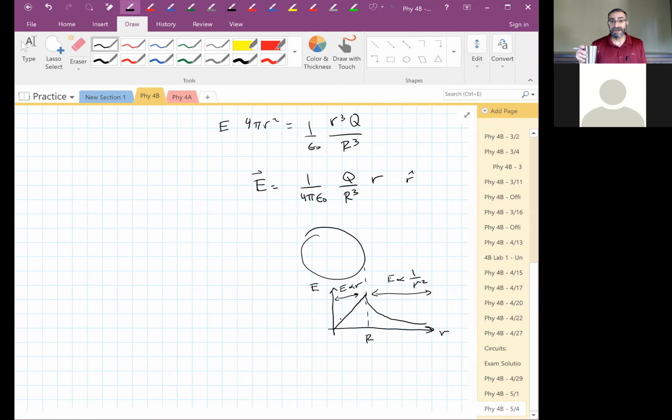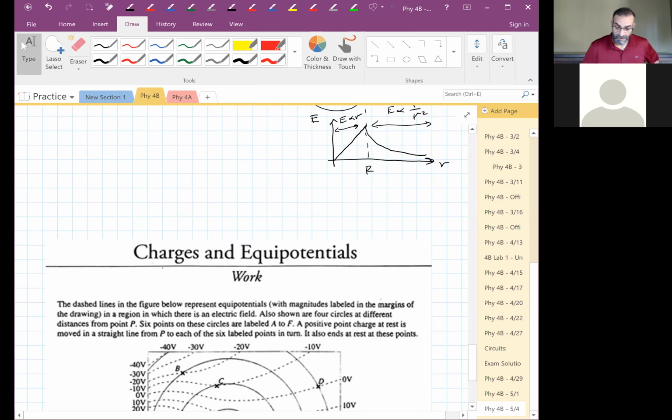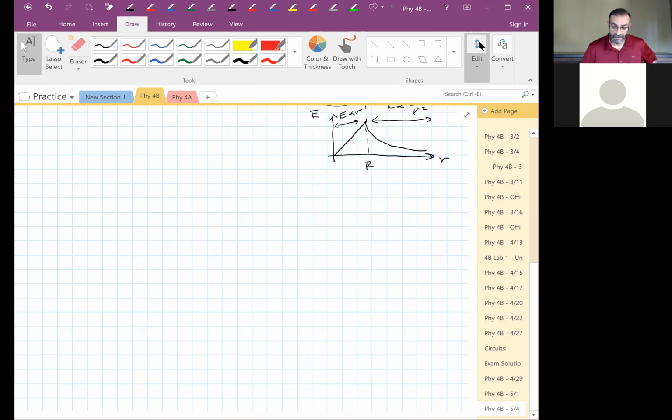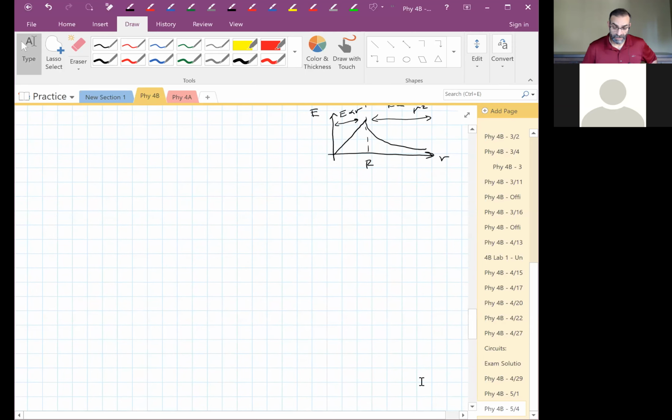So we're ready to start the real part of this problem, which is finding the electric potential. Now, where do we start?